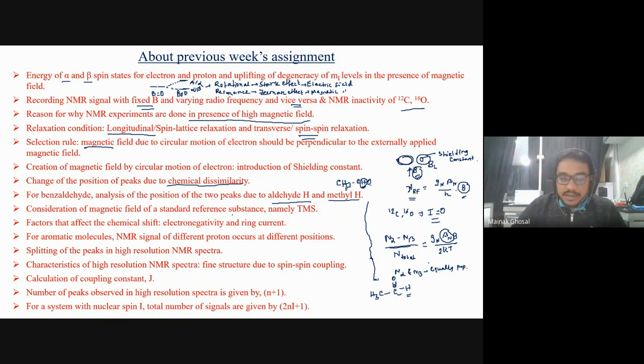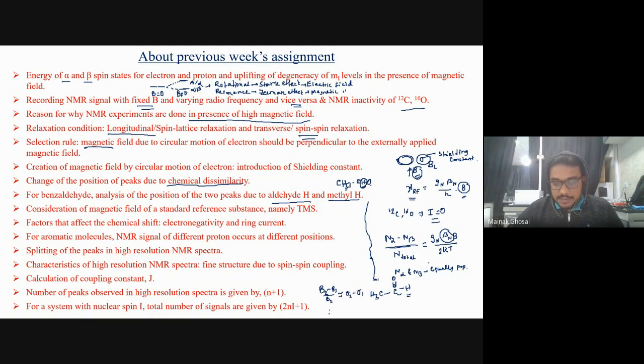Now there was some problem with this, because it was shown that if you change the magnetic field, there is a relation. The relation was this: B2 minus B1 by B2, which is almost equal to sigma 2 minus sigma 1.